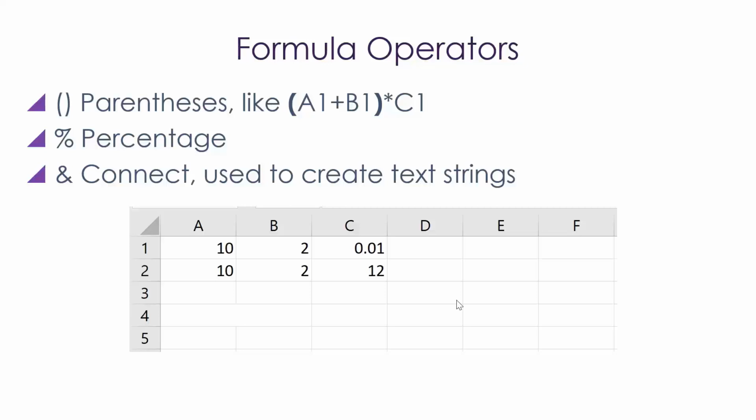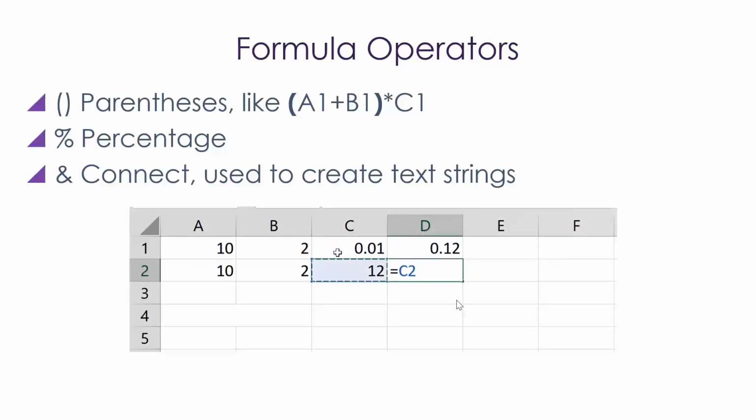Other symbols to know and other operators to know: parentheses. Parentheses will group like things. Take this grouping of functions like A1 plus B1. In this case, we want to do A1 plus B1 times C1. If we had done that another way, we would have gotten a different number. You'll see what I mean in a moment.